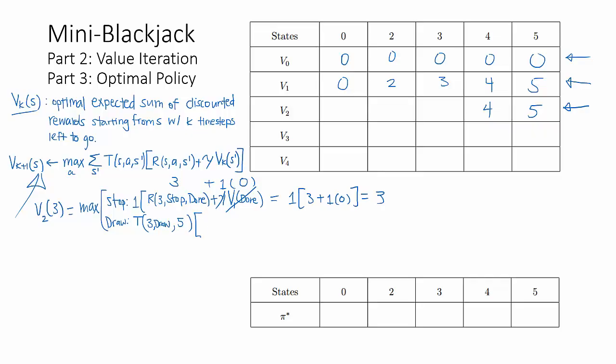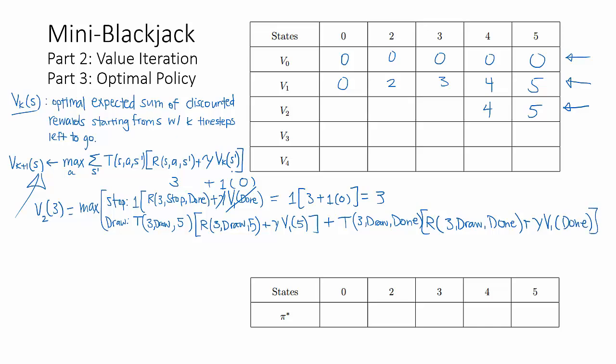It's multiplied by the reward from starting at 3, drawing, and landing at 5, plus gamma times your value with 1 time step left if you start at 5. And then the other term is just going to be similar, but the 5 just gets replaced by the done state. So let's write that here. R of 3, draw, done, plus gamma v1 of done.